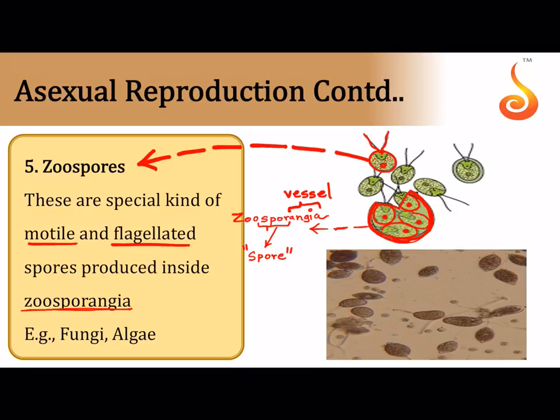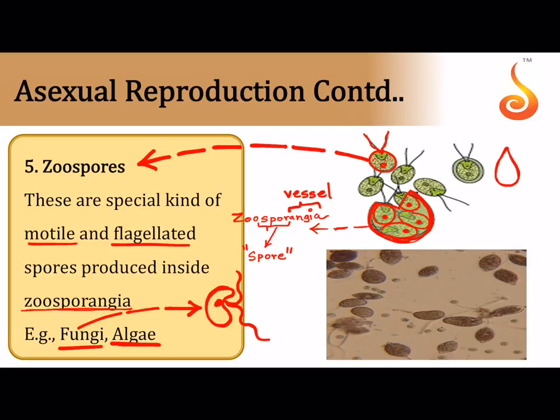Zoospores. And they're green in color because here they have given the example of algae, but that doesn't mean that it is found only in algae. It is also found in fungi. The only difference is in fungi the spores are kidney shaped and their flagella are sideways attached. Here the flagella are apically attached and they're like teardrops. Isn't it?